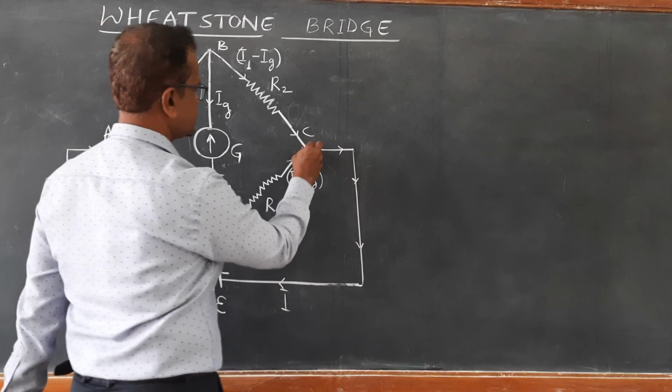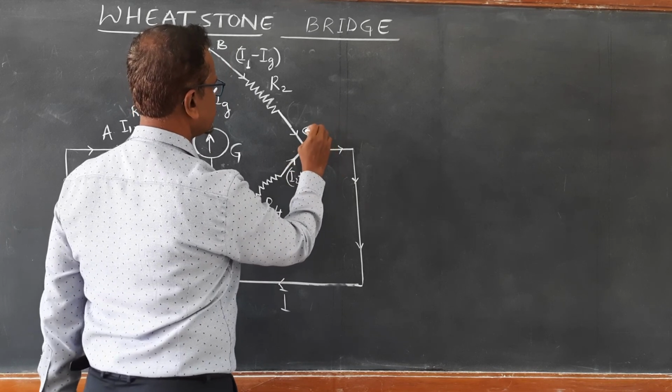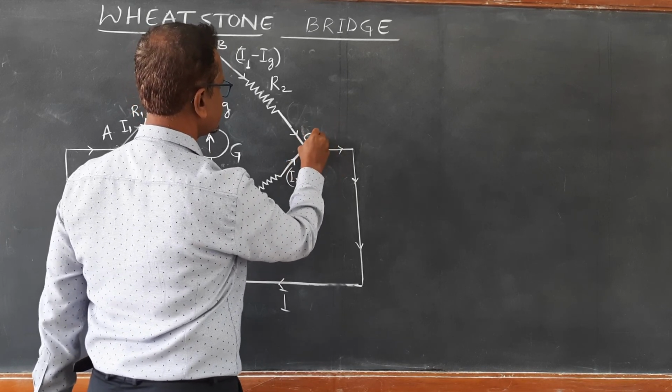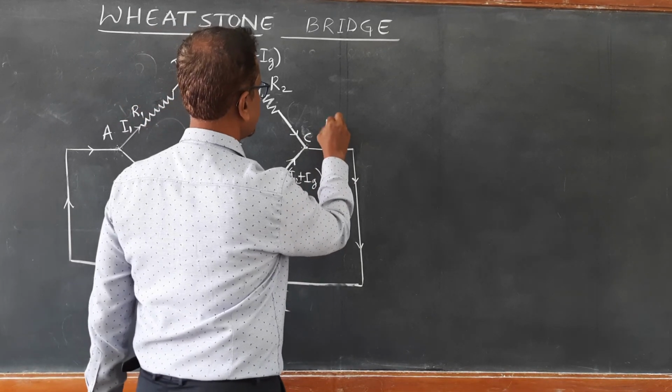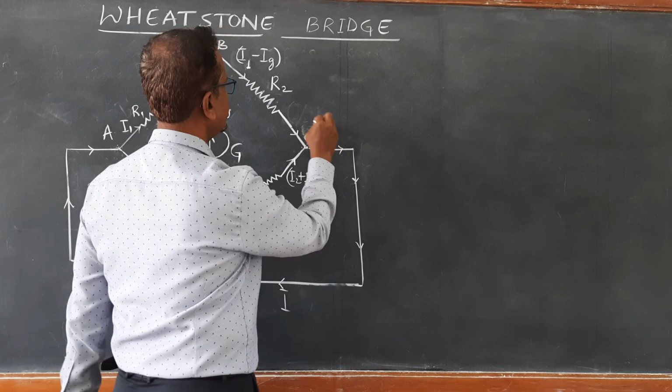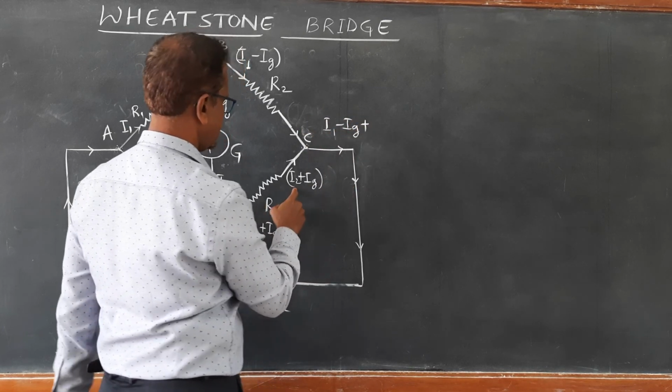At C, these two currents join. The current coming out of junction C will be I1 minus IG plus I2 plus IG.